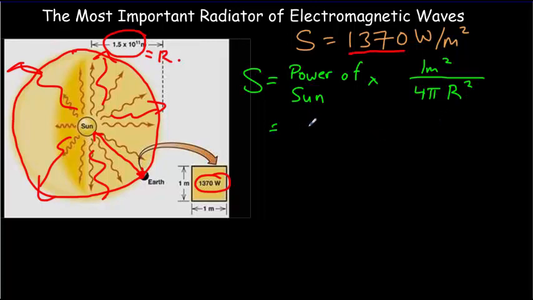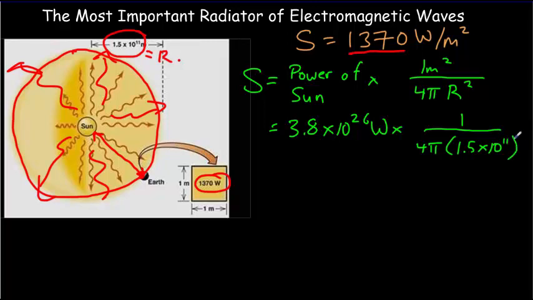It turns out the total power of the Sun is 3.8 times 10 to the 26 watts. So we need to multiply that by 1 out of 4 pi times this Earth-Sun distance, 1.5 times 10 to the 11th squared. And if we do that, we should get this solar constant, 1370 watts per meter squared.